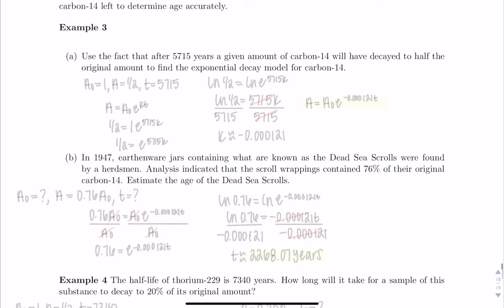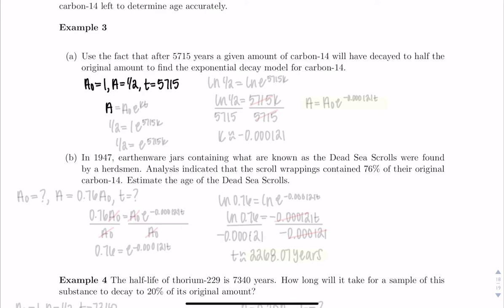So again, we're not given the original amount, so I'm going to make life easy and say that my original amount is 1, which means that my ending amount, if I have to divide in half for a half-life, would be 1/2. My time is 5,715. And I need to find my function, so I need to find k.